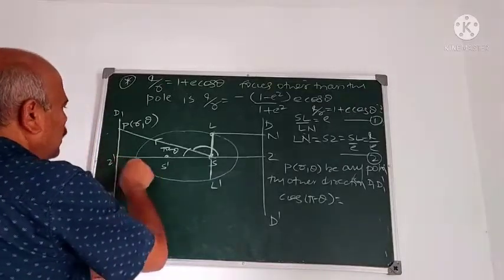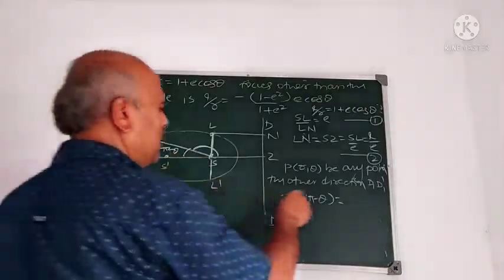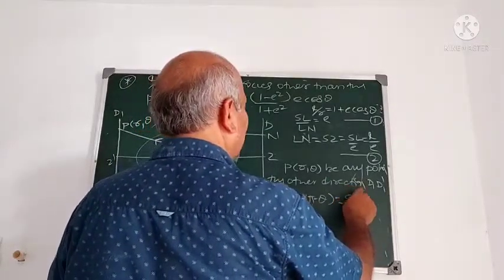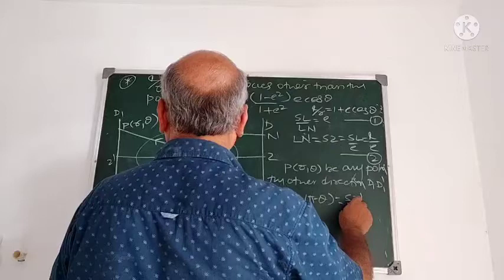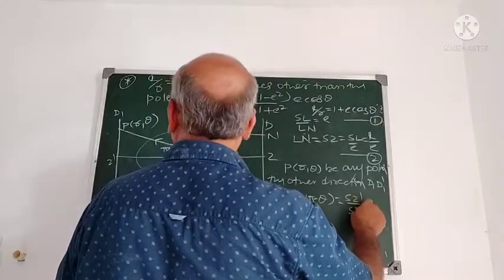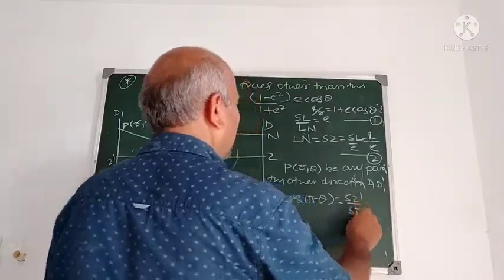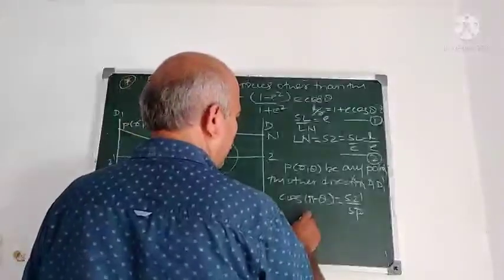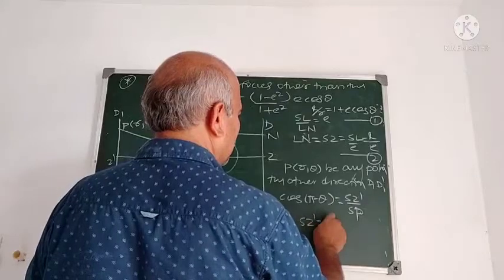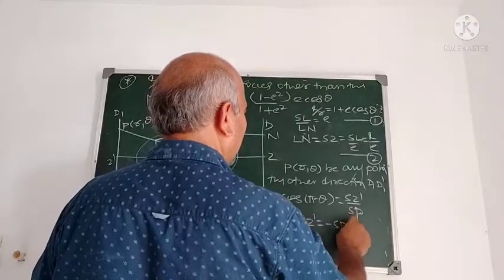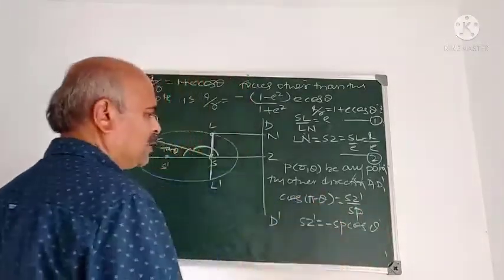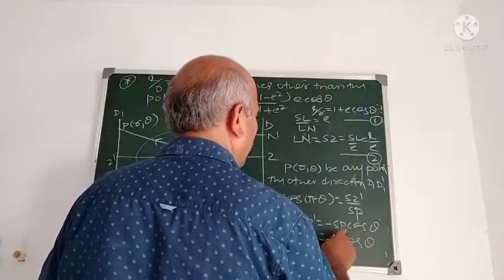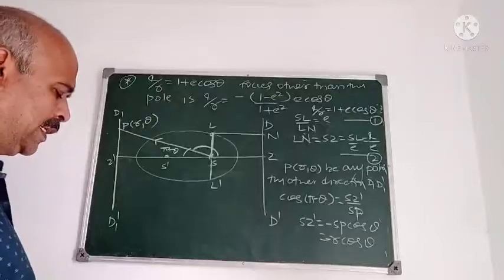From triangle S Z dash D1, cos(pi minus theta) is SZ dash upon SP, correct? Therefore SZ dash is minus SP cos theta, because cos(pi minus theta) is minus cos theta, so minus R cos theta.